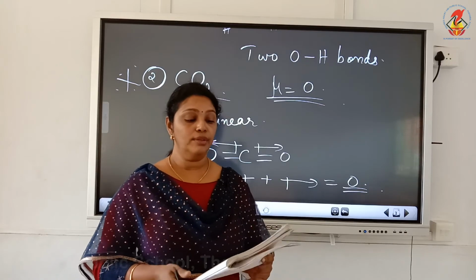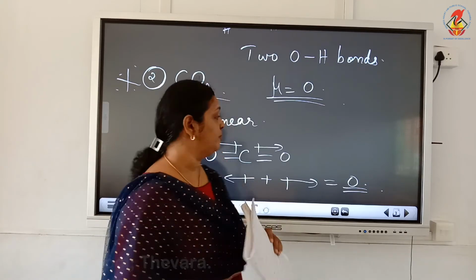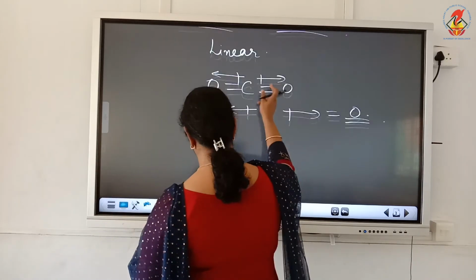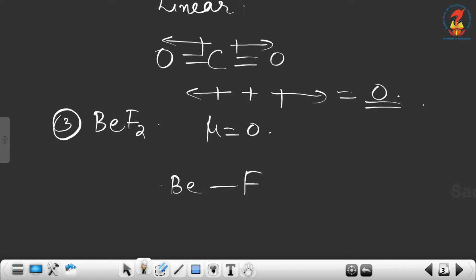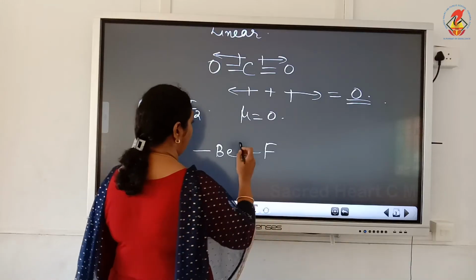Okay, now the next example is BeF2, the third example, dipole moment in BeF2, beryllium fluoride. Now here also the dipole moment value is 0. So again based on shape, BeF2 is this. Now BeF2 is again a linear molecule.